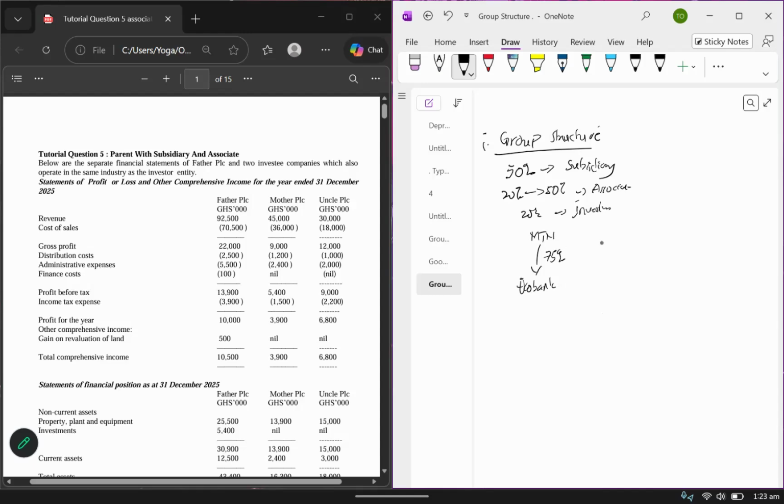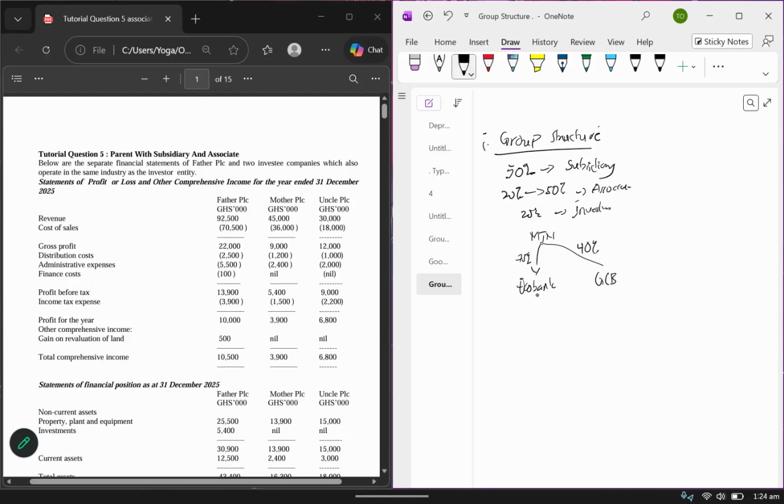Assuming MTN acquires another one, 75% in EcoBank and let me say 40% in GCB.